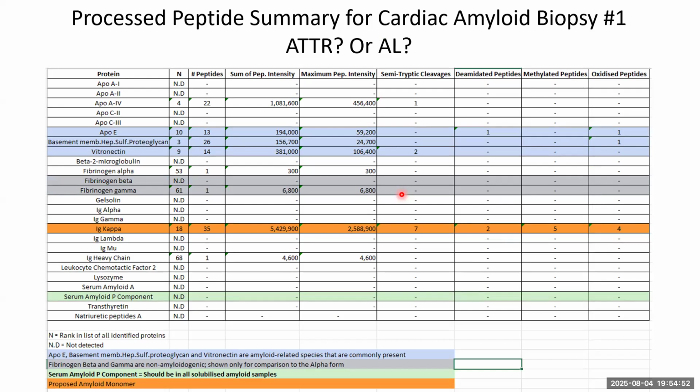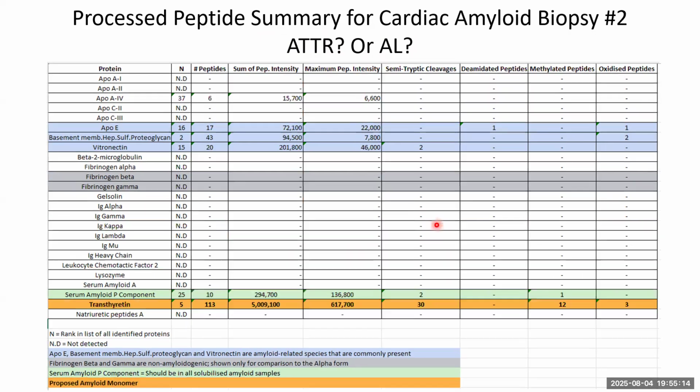But to contrast that with a cardiac amyloid biopsy, this is one where the clinicians were asking us, is it going to be ATTR or AL? This one, pretty convincing. We've got a lot of signal here for Ig kappa, and again, 7 of these aberrant cleavage events going on. So that's a pretty clear-cut case for that outcome. Whereas a different cardiac biopsy, again, the same question presented.